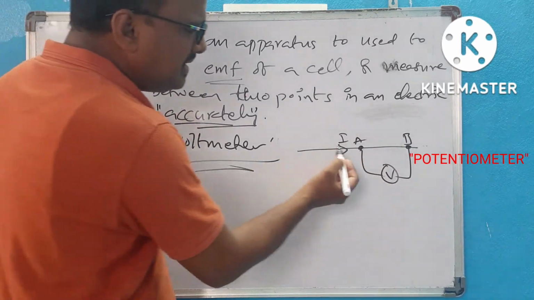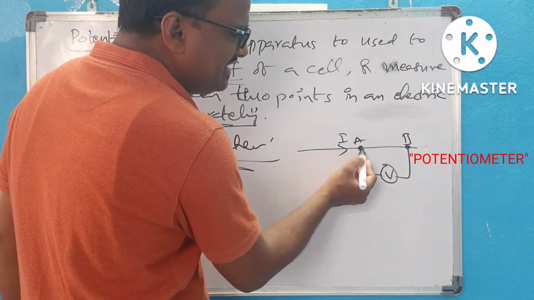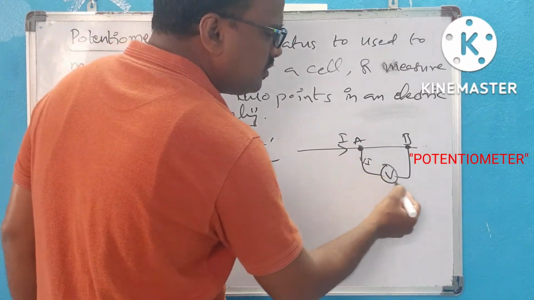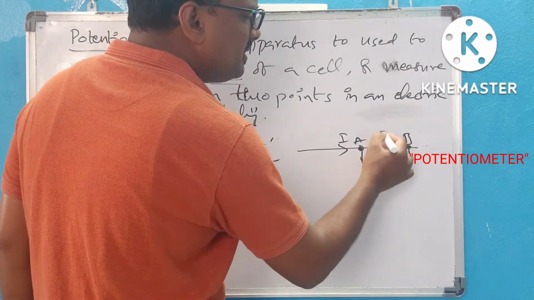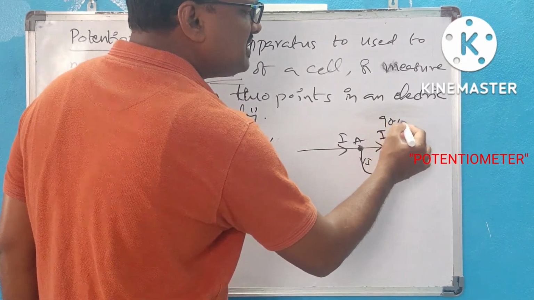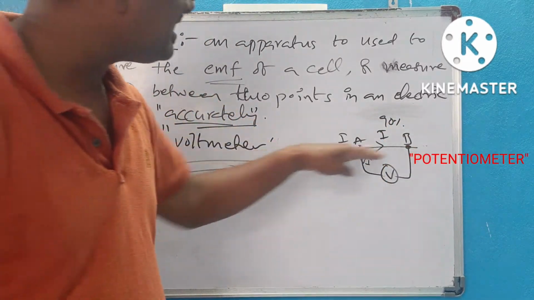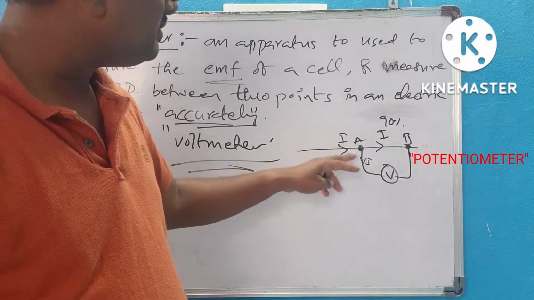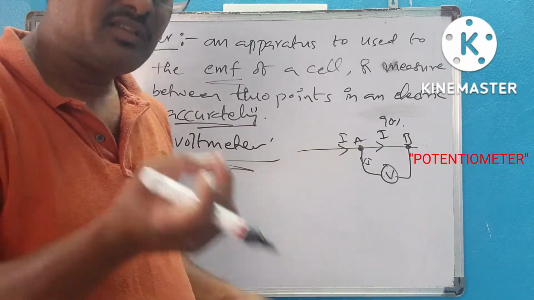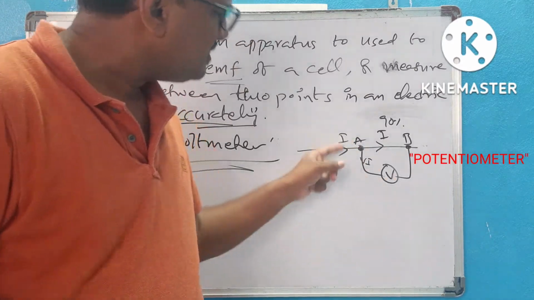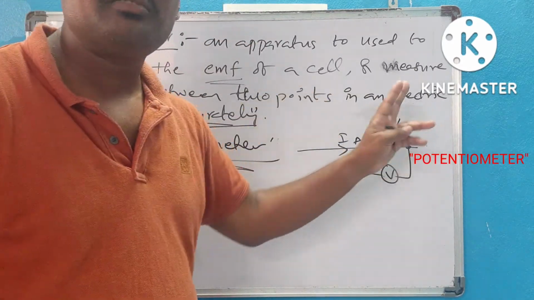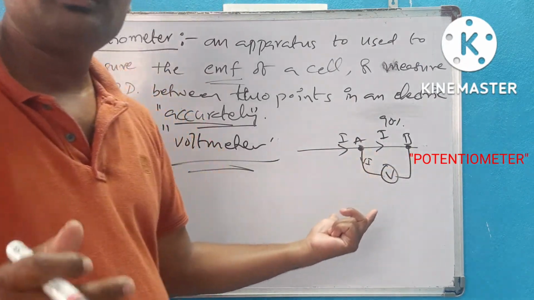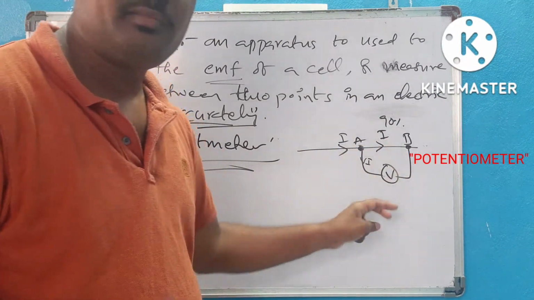Whenever the current reaches point A, some of the current splits and goes in this direction, but most of the current, 90%, passes straight through. Only a little current, 5 to 10%, splits and goes this way. That's why the potential difference is not measured accurately by the voltmeter.